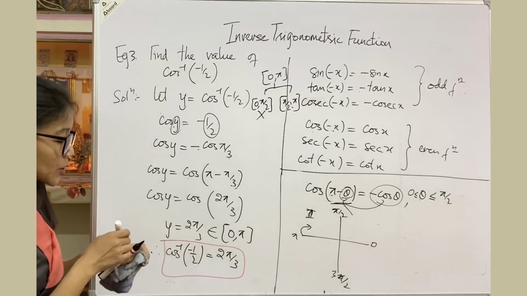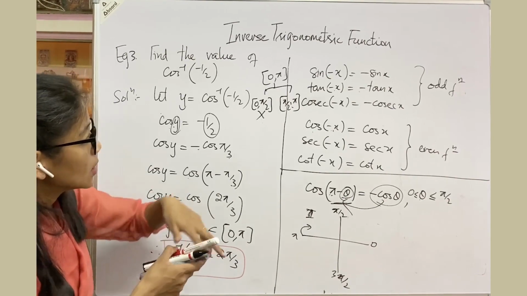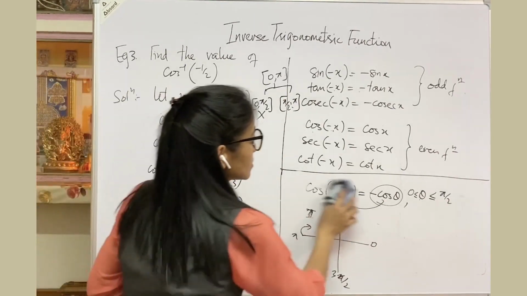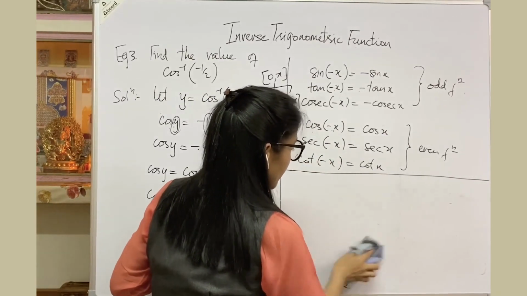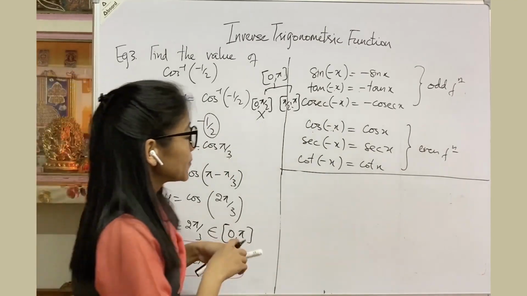Is that clear? Now I'll just summarize all these formulas here. You can note them down, because we need to use them frequently in this type of question, and you may forget.